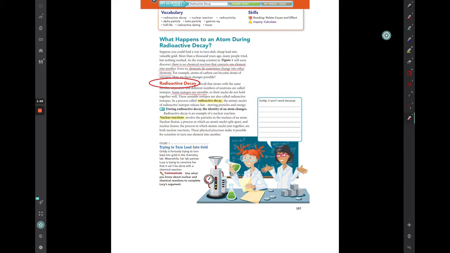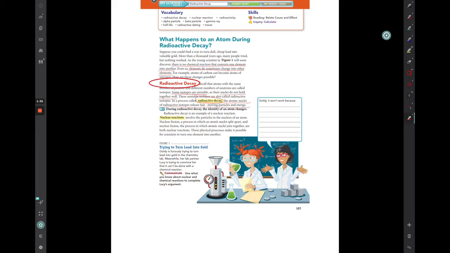Some of those isotopes are unstable, which means that their nucleus does not hold together very well. So through this process of radioactive decay, the atomic nuclei of the radioactive isotopes release these fast-moving particles of energy.